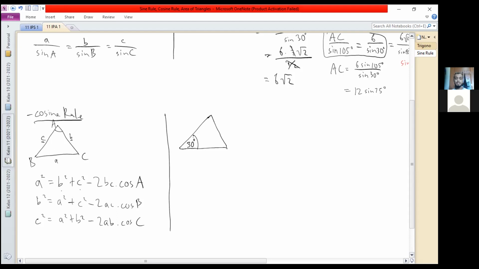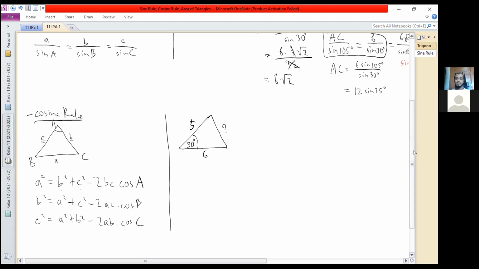Let's say the sides are 5 and 6, and then we want to find the other side.